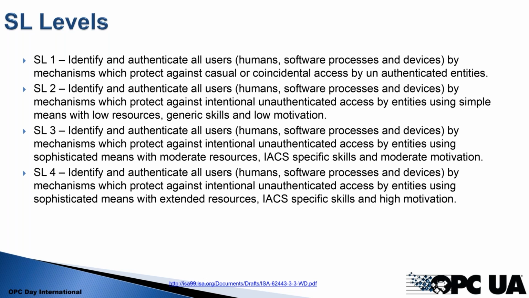What we're talking about today is mostly SL2. That's the type of security features that we're discussing at this point in time. SL4 is needed by some infrastructures, but typically most plants survive with SL2 or SL3. But anyhow, we'll continue a little bit more.